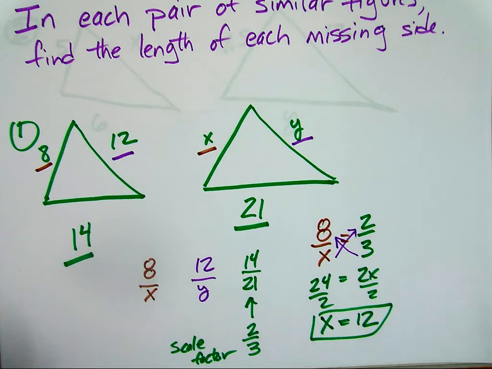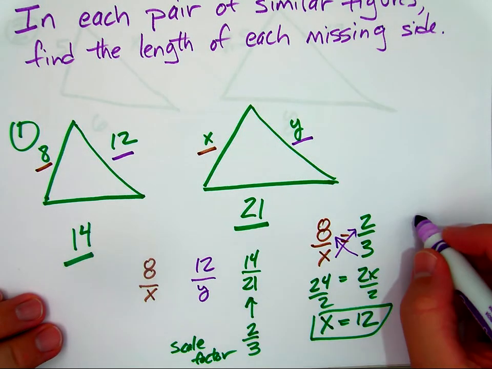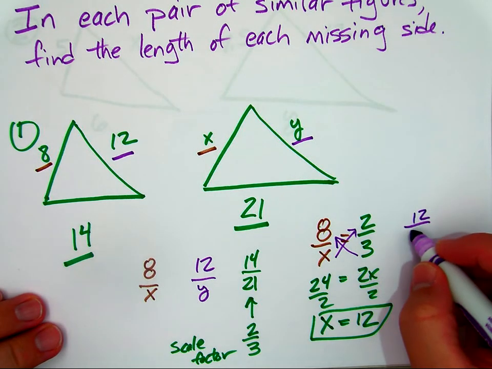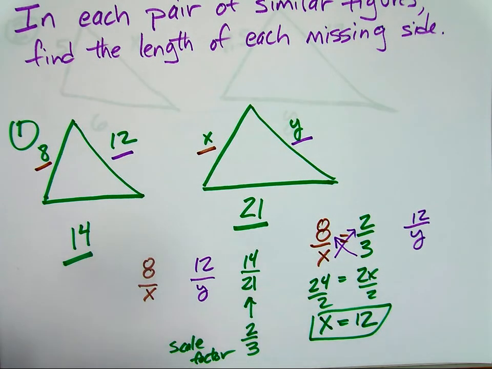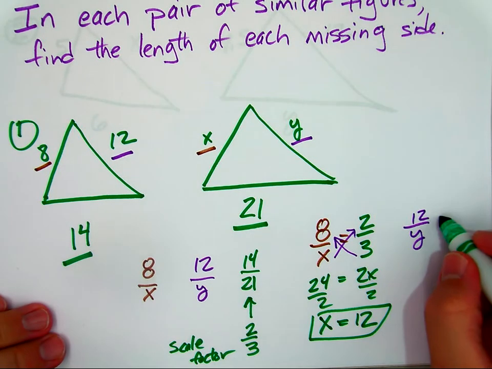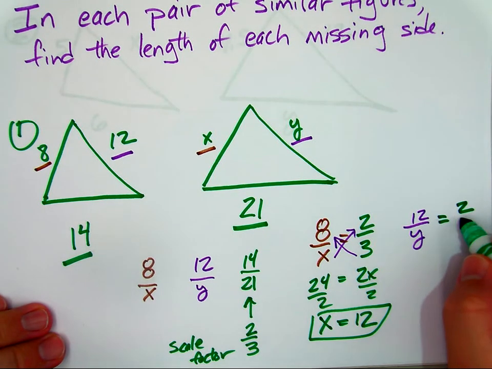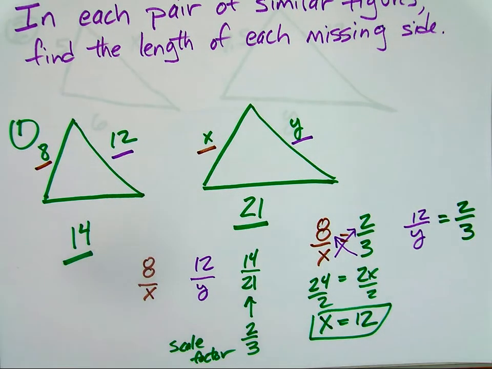I'll do the same thing to find y. 12 over y equals 2 over 3. I'm going to do my cross products.